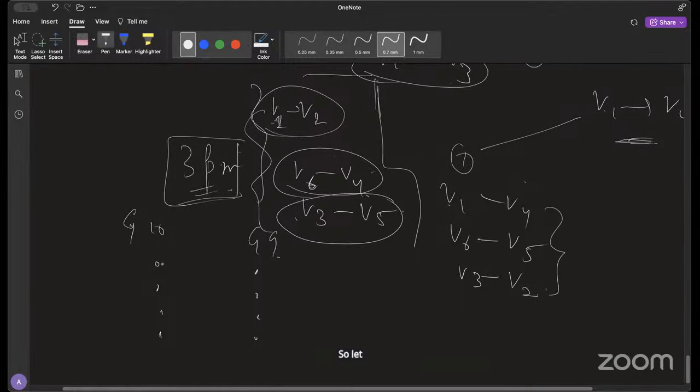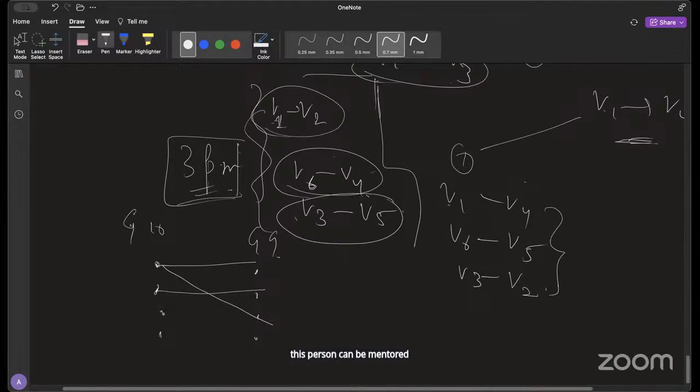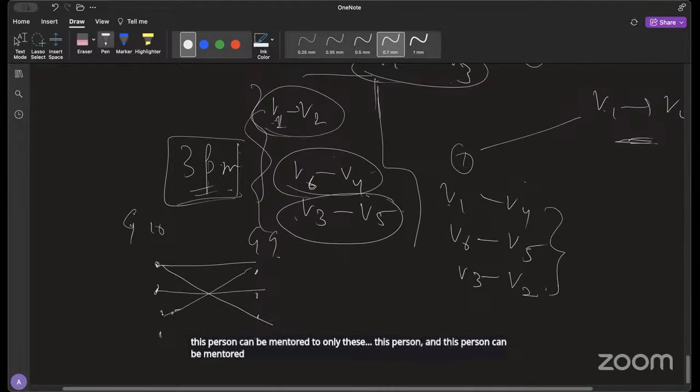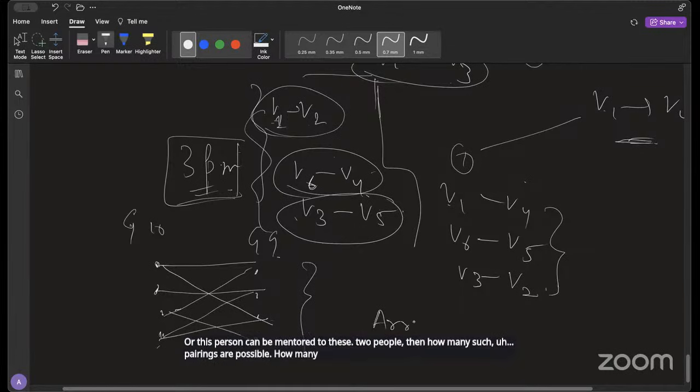So let's say you're saying that this person can be mentored to only these two people. This person can be mentored to only this person, and this person can be mentored to these two people, or this person can be mentored to these two people. Then how many such pairings are possible? How many such arrangements are possible?